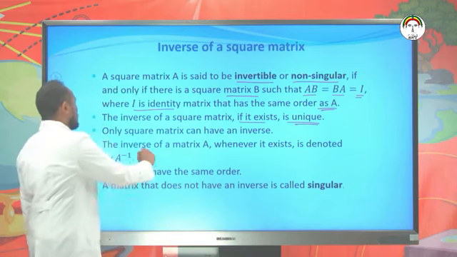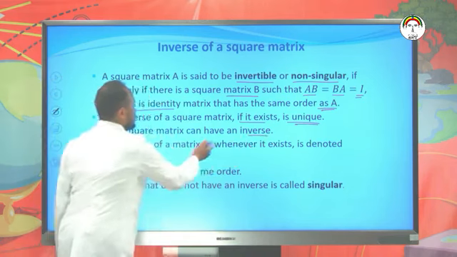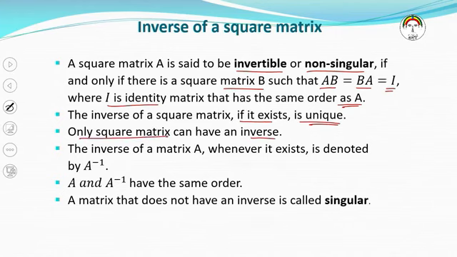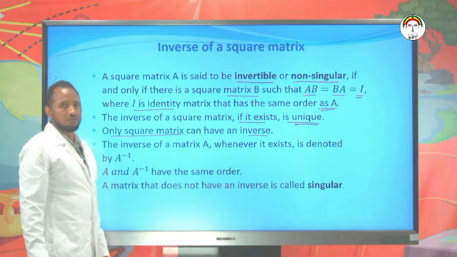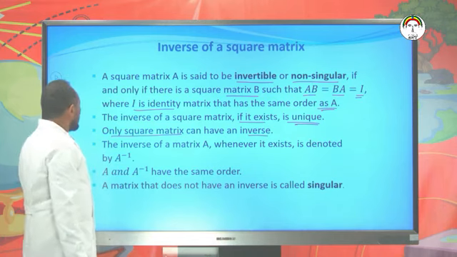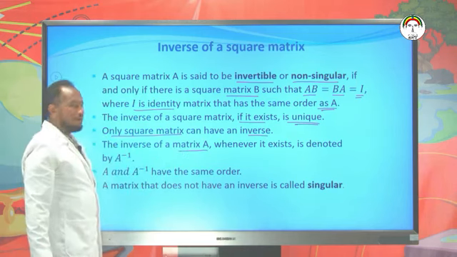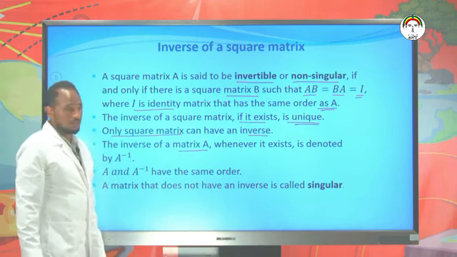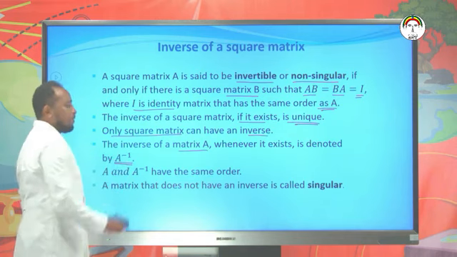We can evaluate the inverse of a matrix only if the matrix is a square matrix. That means only a square matrix can have an inverse. Now the inverse of a matrix A, whenever it exists, is denoted by A to the power of minus 1.